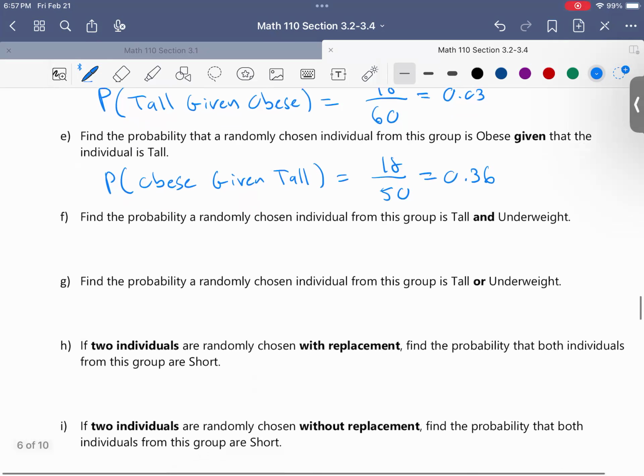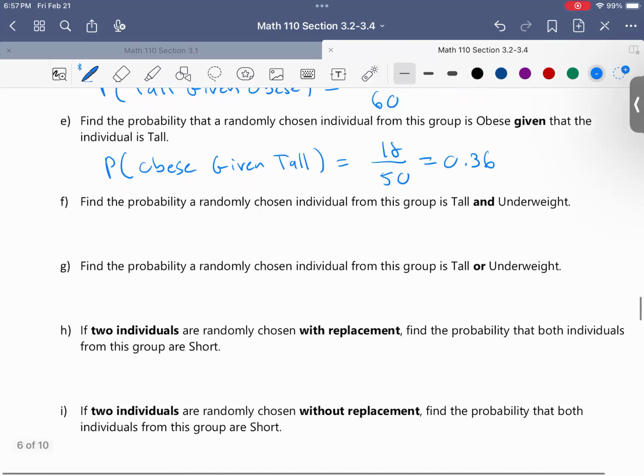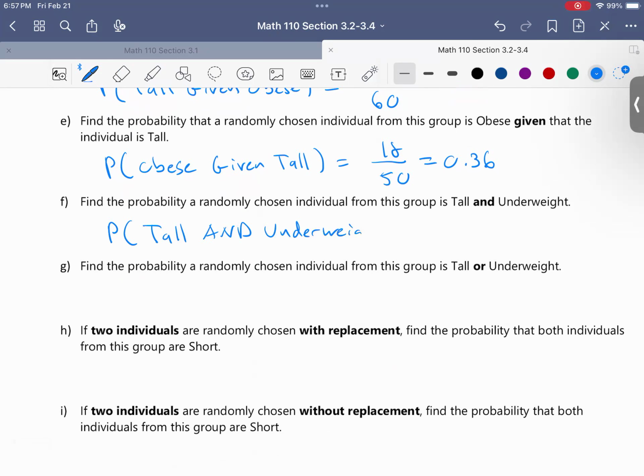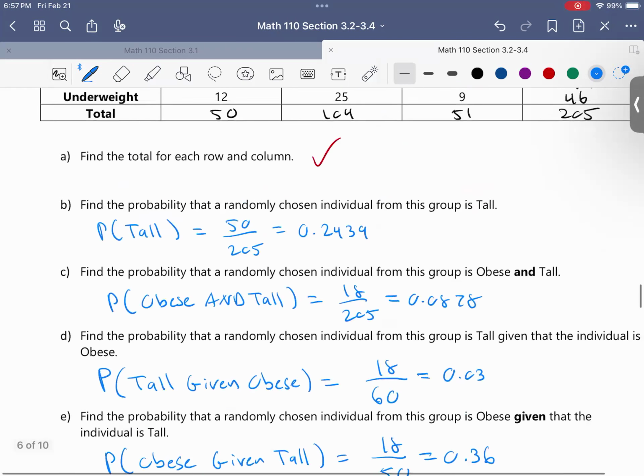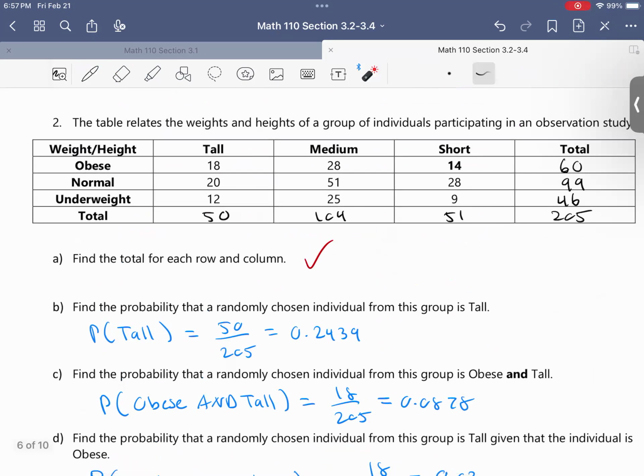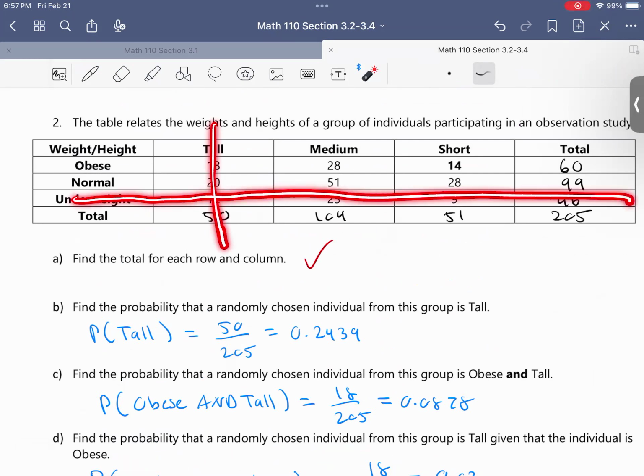Let's move on to part F. Find the probability a randomly chosen individual from this group is tall and underweight. So we have another and statement. So tall and underweight. So the intersection of tall and underweight. So here is tall, here is underweight. Where's that intersection at?